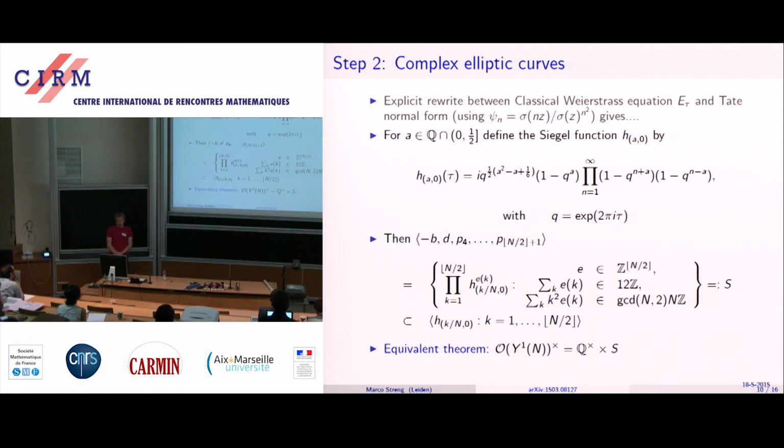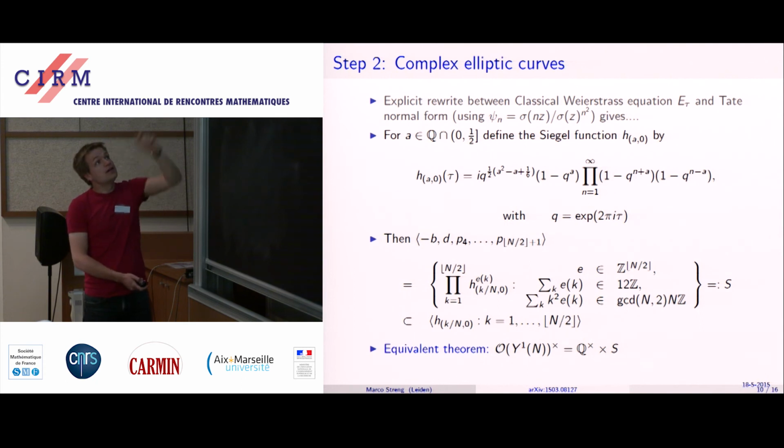I take these very old Siegel functions, h, a, 0, which are somewhat given actually by a Q expansion. For a rational number between 0 and a half, I take h of a0 of tau to be this complicated function that really just is, well, if you write it out, a Q expansion.